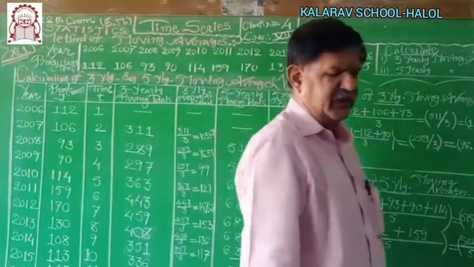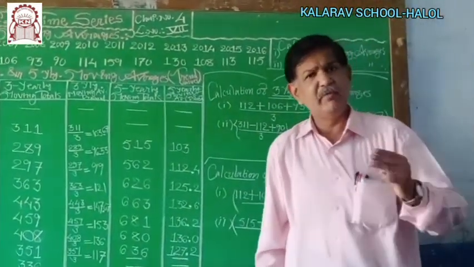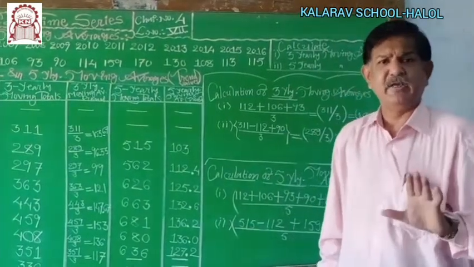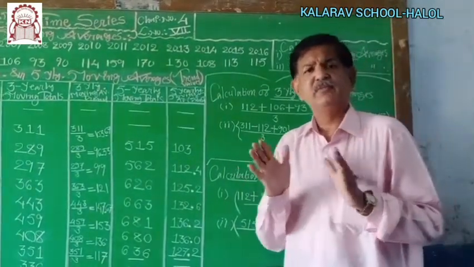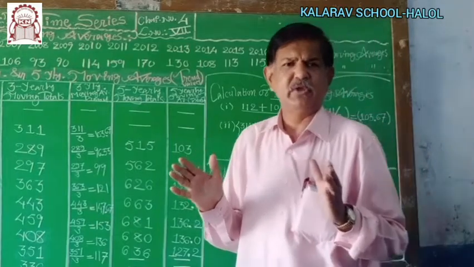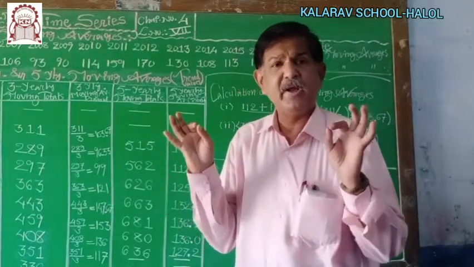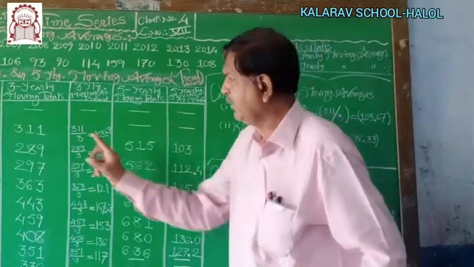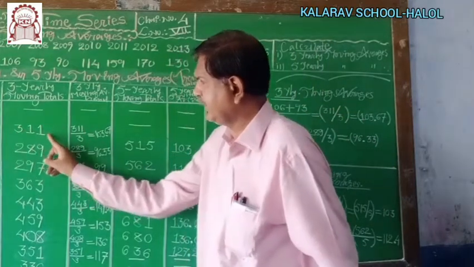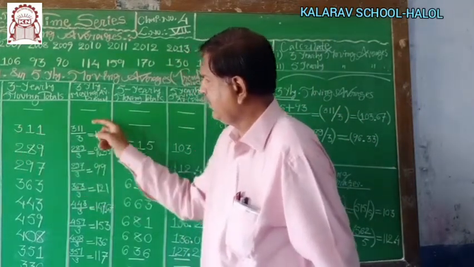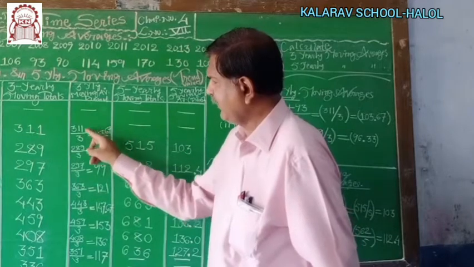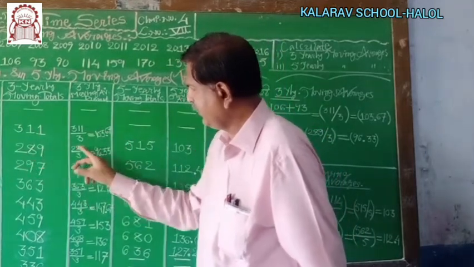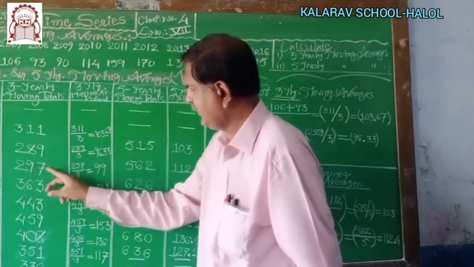For computing the average, we have made the total of 3 items. Therefore the average value is the sum of the observations divided by the total number of observations, the simple arithmetic mean. This is the addition of 3 items, therefore 311 divided by 3, 289 divided by 3, 297 divided by 3.